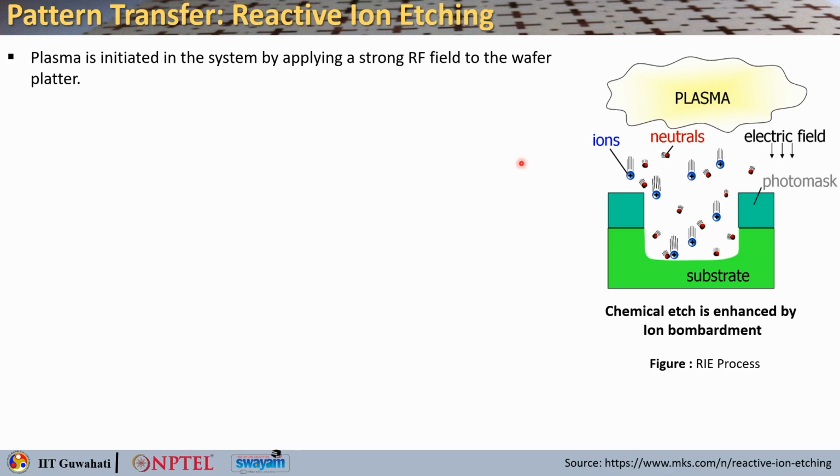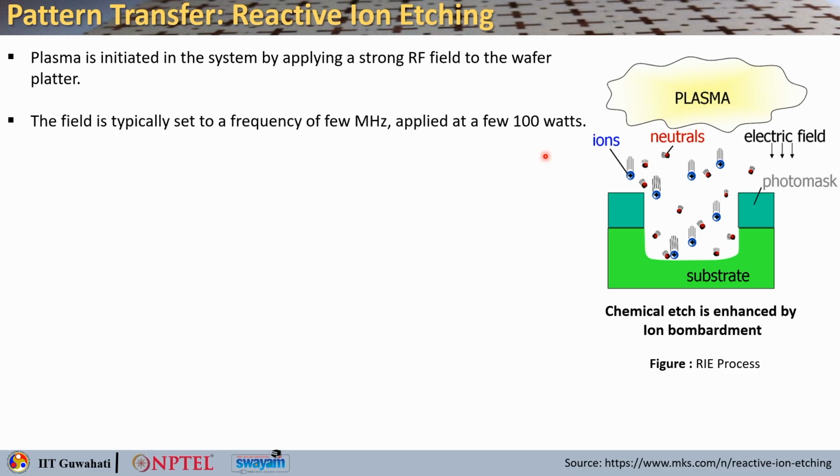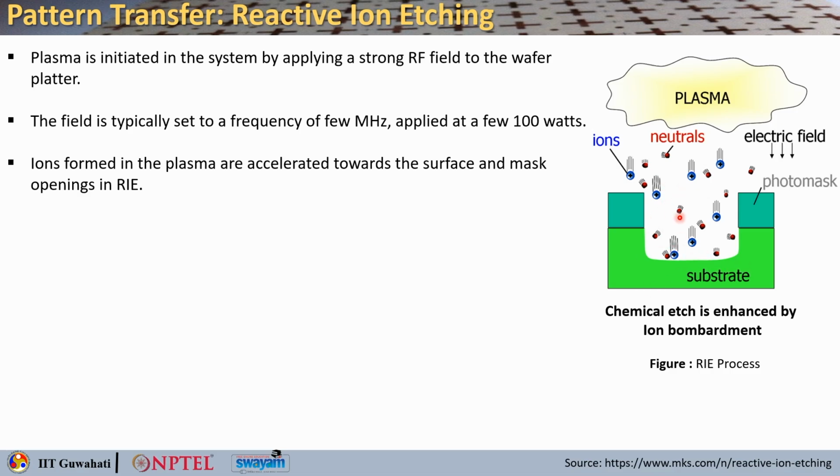Now, the plasma is initiated in the system by applying a strong RF field to the wafer platter. Now, the field is typically set to a frequency of a few megahertz applied at a few hundred watts. Okay. Now, ions formed in the plasma are accelerated towards the surface and mask openings in the RIE.